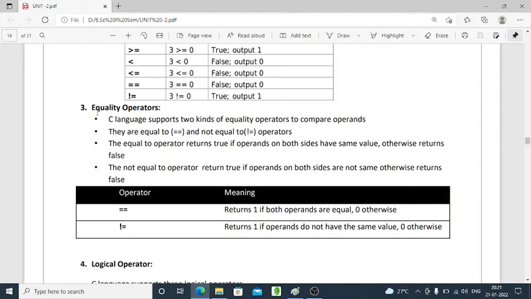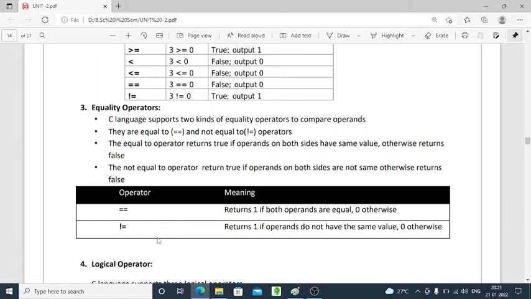So the third one is equality operators. Here we discuss the equal to and not equal to operators. These operators also compare two values. With equal to, if the two values are the same, it returns true; if they are different, it returns false.